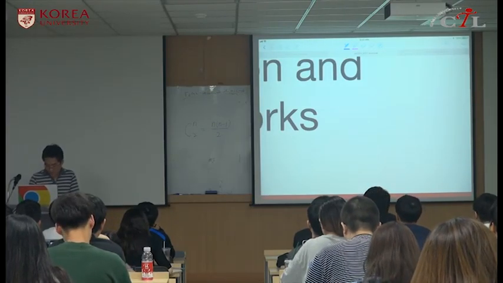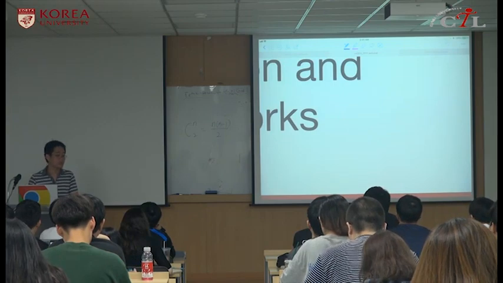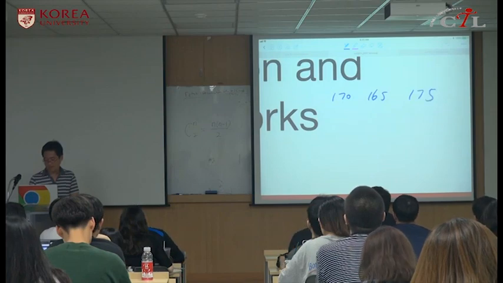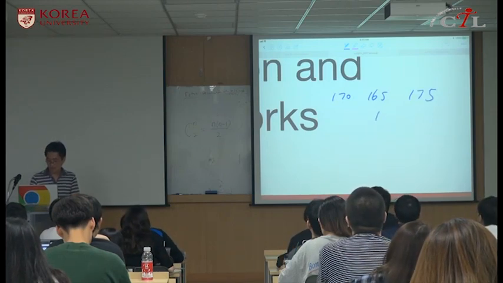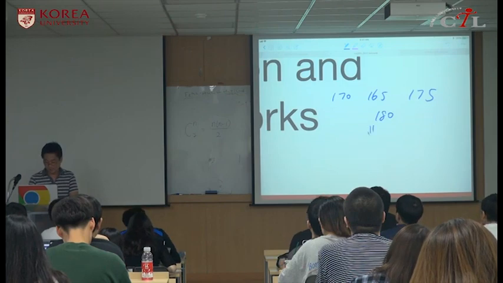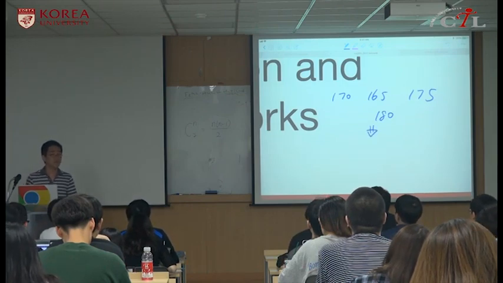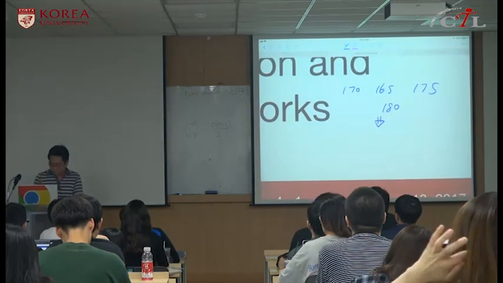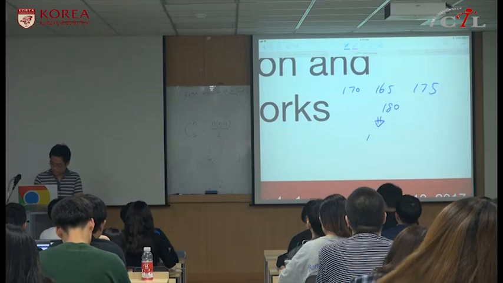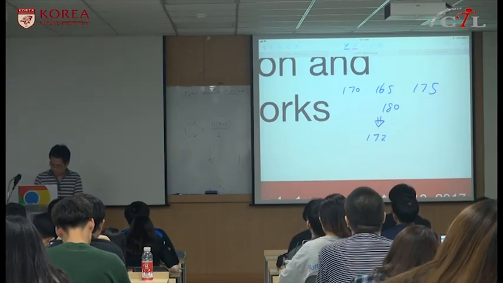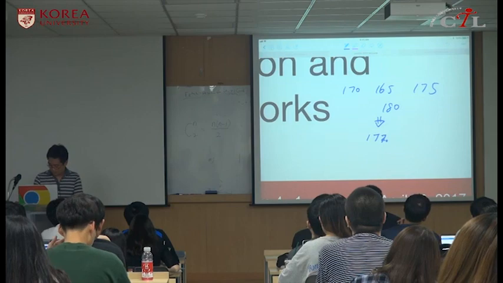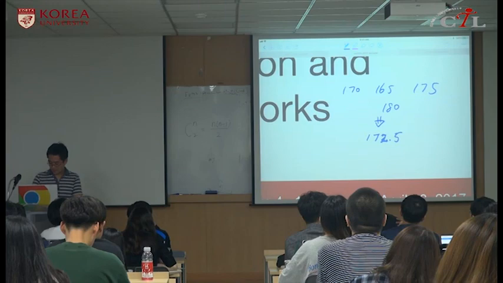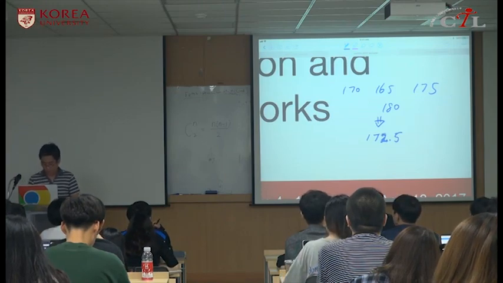statistics of observations like a person's height as maybe 170, 165, 175, 180. In this case we can easily compute the sample mean of them, which is 172.5.